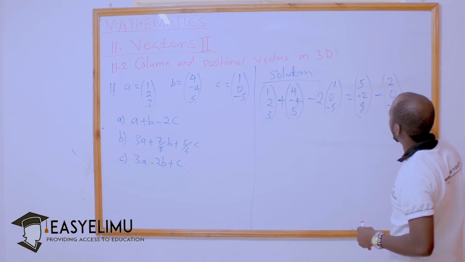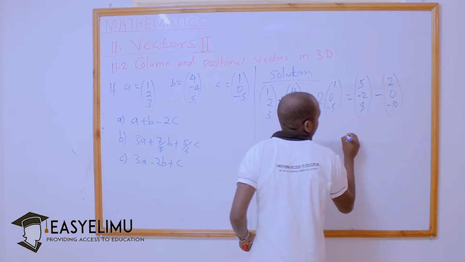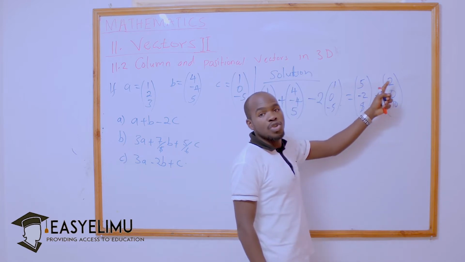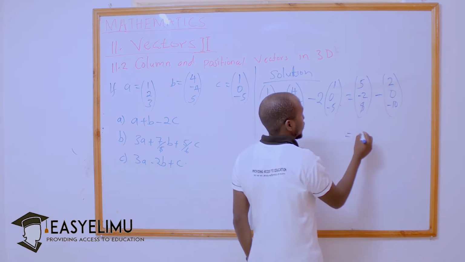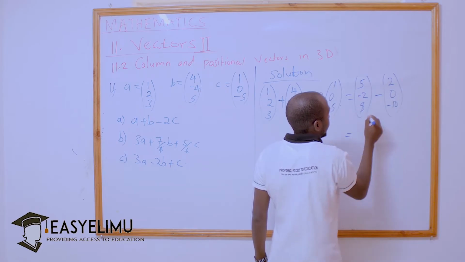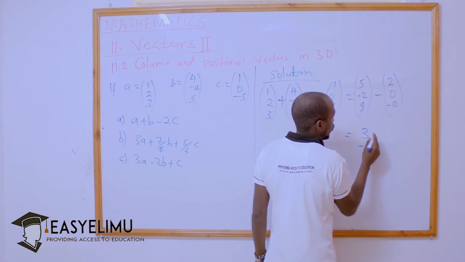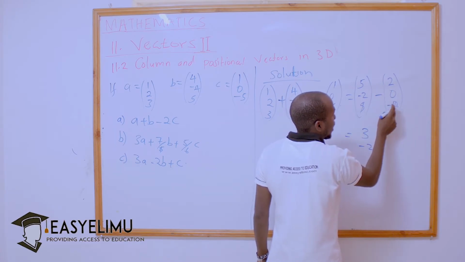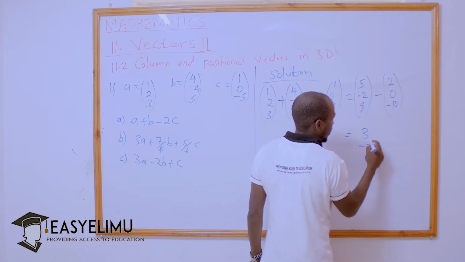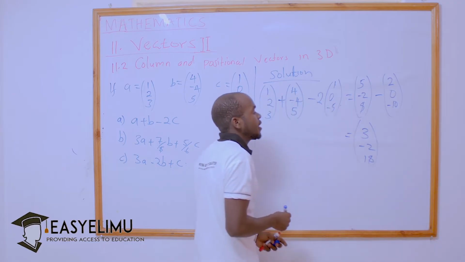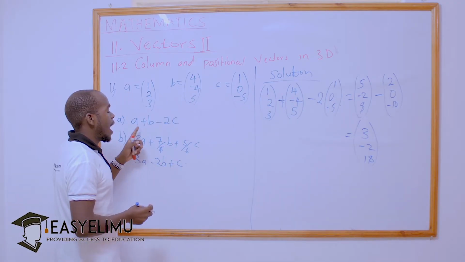So you are going to subtract that. After doing that, 5 minus 2 is 3, negative 2 minus 0 is negative 2, and 8 minus negative 10 gives 18. So that is how we find it in terms of addition.